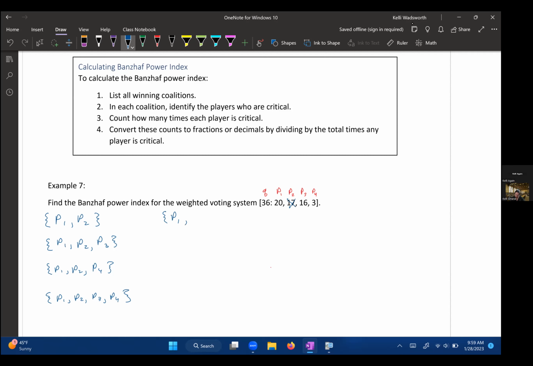If we add player 3 in there, is that a winning coalition? 20 plus 16 is 36. That's quota. Indeed it is. Okay, so player 1 and player 3 are a winning coalition. Therefore, if we add in player 4, the other player, that's also going to be a winning coalition, because we already know that players 1 and 3 together are winning. If we add more people, it's also going to be winning.